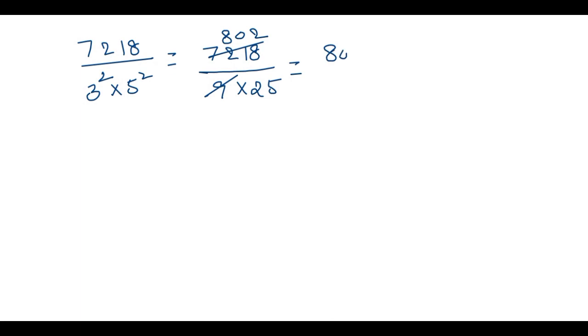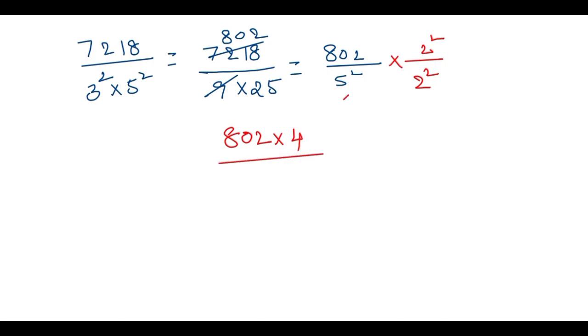So 802 divided by 25, which means 5 square, right? That is 5 square. So what do we do here, 5 2 times are there, so we need to take 2 also 2 times, like 2 square by 2 square.